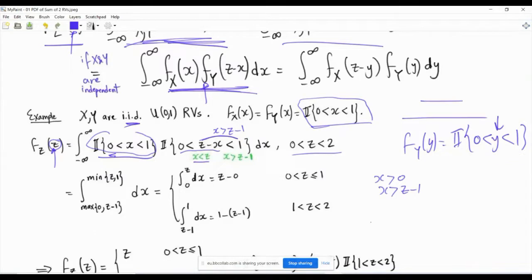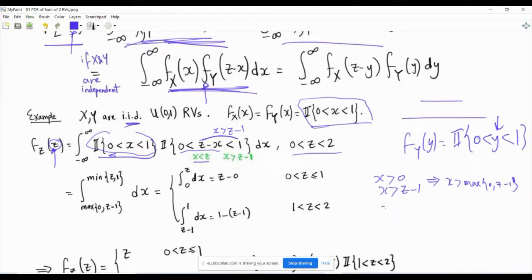Basically, for the integrand to be equal to 1, not 0, you need both indicators to be 1 at the same time. So you need all these inequalities to be satisfied simultaneously. If x is greater than 0 and x is greater than z minus 1, then it should be greater than the maximum of 0 and z minus 1.